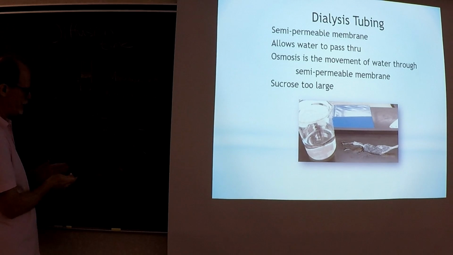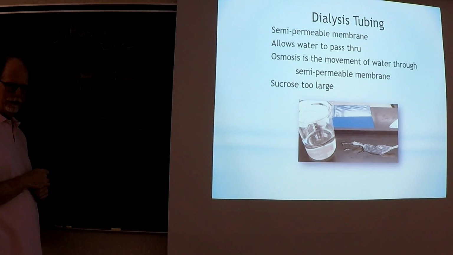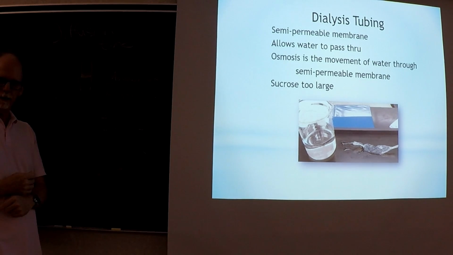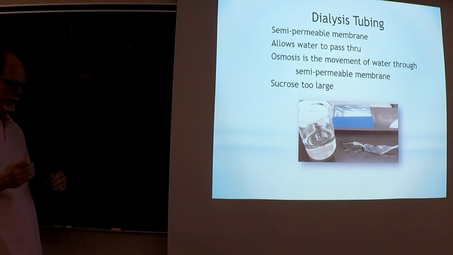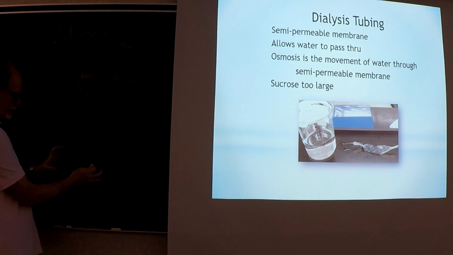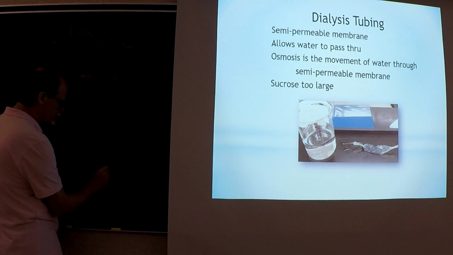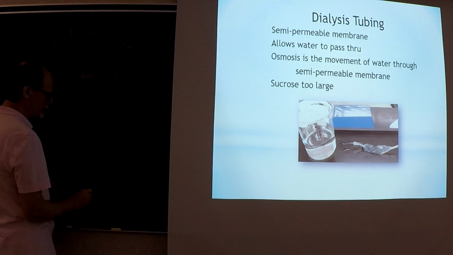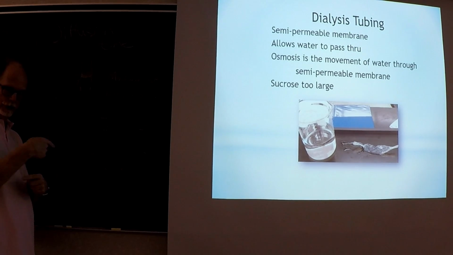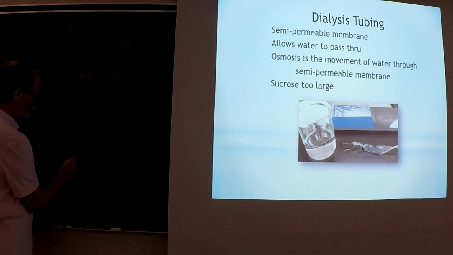So what happens over time is water goes from the beaker into the bag, and there's water in the bag that goes out of the bag into the beaker. That's the osmosis. The problem is, because the sucrose can't get in and out, it stays in the bag, but it ends up blocking some of these holes. So water can't get out when it does, but water can still get in. There's a whole lot of sucrose in here.